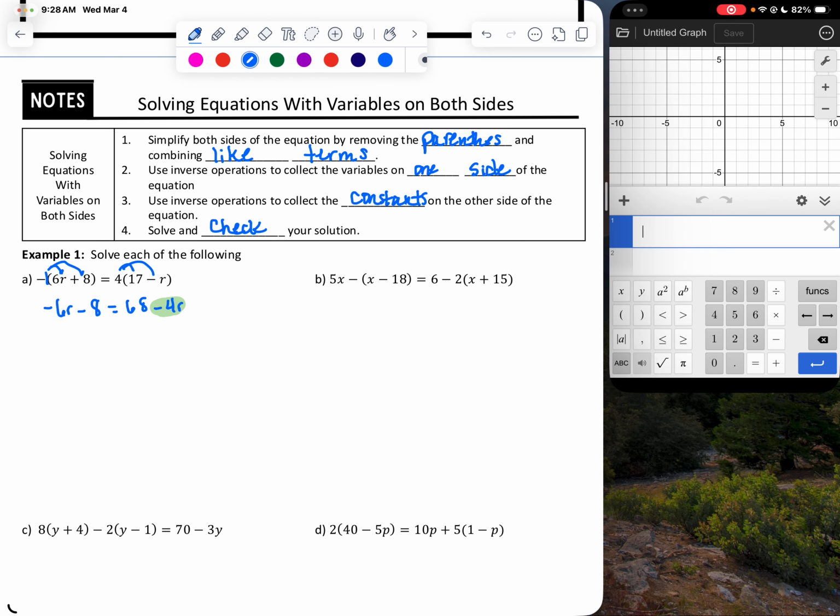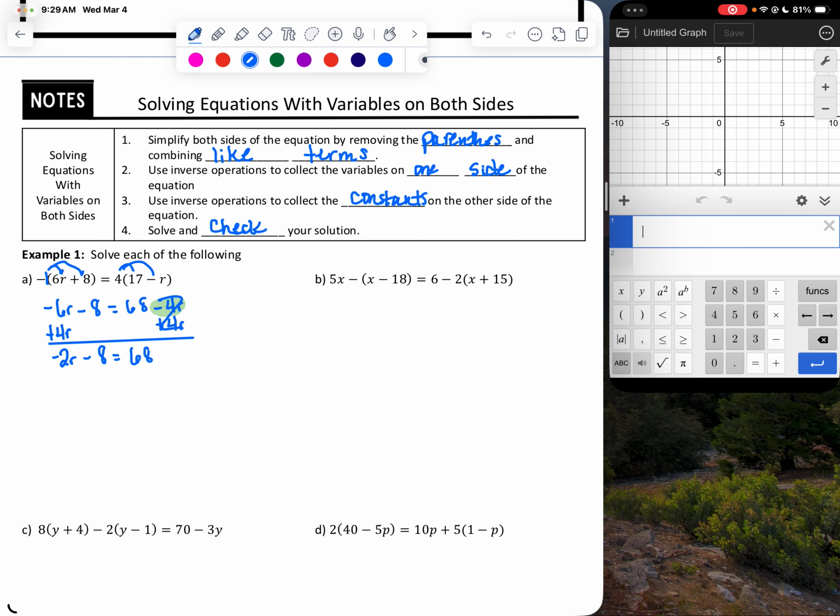So to do that, the opposite of minus 4r is plus 4r. So now we'll simplify this. Negative 6r plus 4r is negative 2r. Drop the minus 8 down, equals 68, and this term zeroes out.